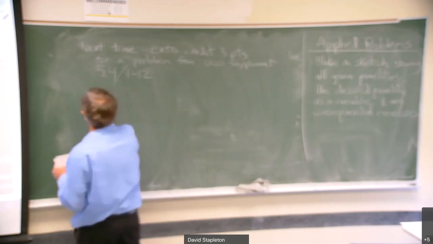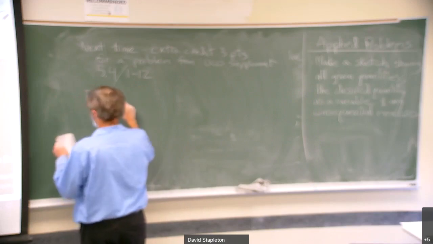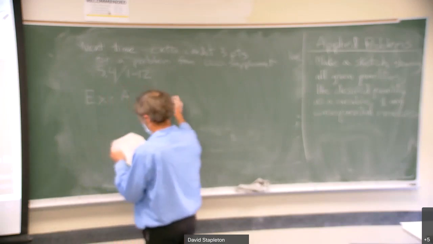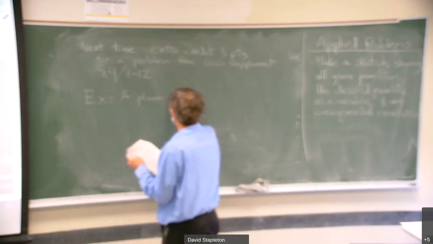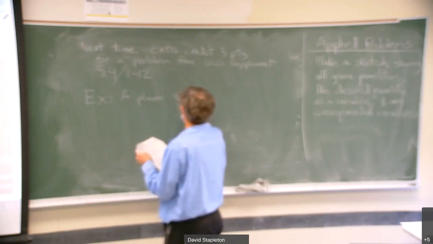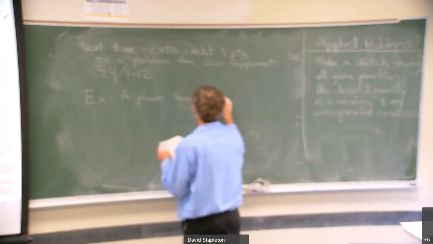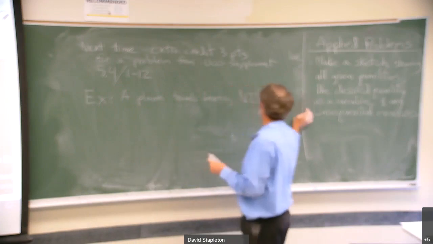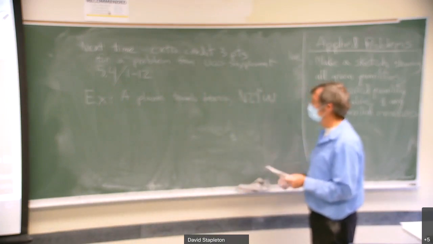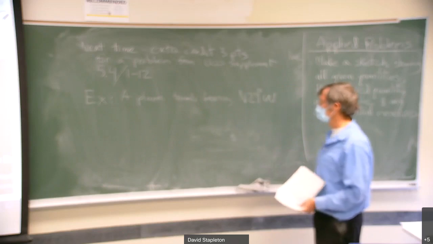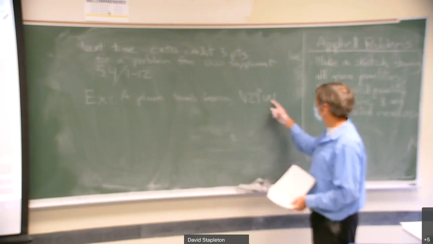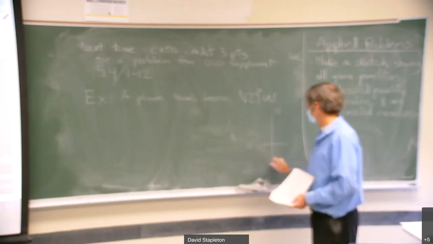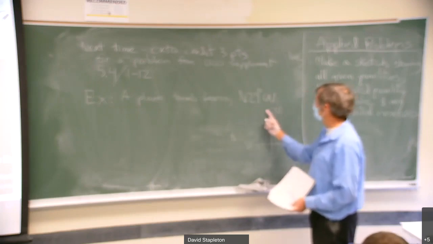Here's an example problem. A toy airplane travels at a bearing north 29 degrees west. What is that? Part of the applications are also to get used to common terminology out in the real world. What does that mean, north 29 degrees west? It means if you make this north and west and south and east, from north, you turn 29 degrees towards the west.